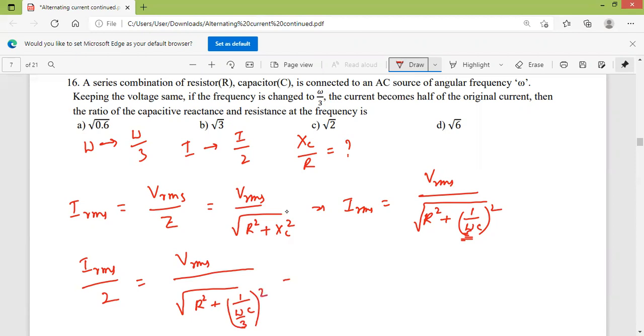So this becomes VRMS divided by square root of R square plus 9 by omega square C square.